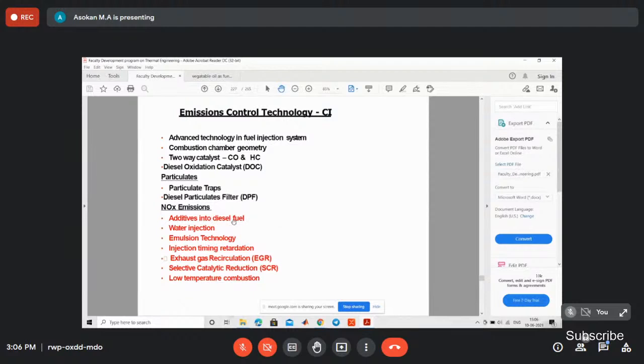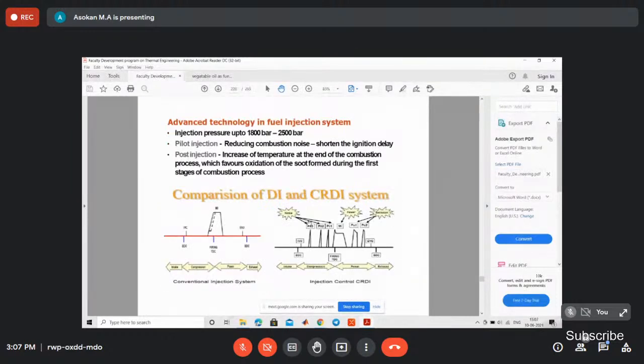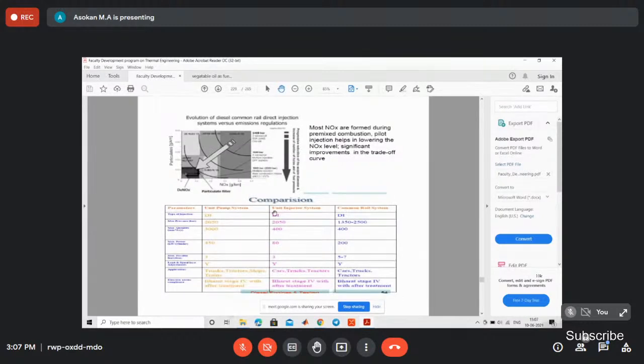For NOx emission, adding additives, water injection, emulsion technology, EGR, SCR, low temperature combustion, low heat rejection LHR engines, and the HCCI engine. These are to reduce NOx, and the CRDI system, with fuel injection using multiple injection and port injection, for increasing performance.